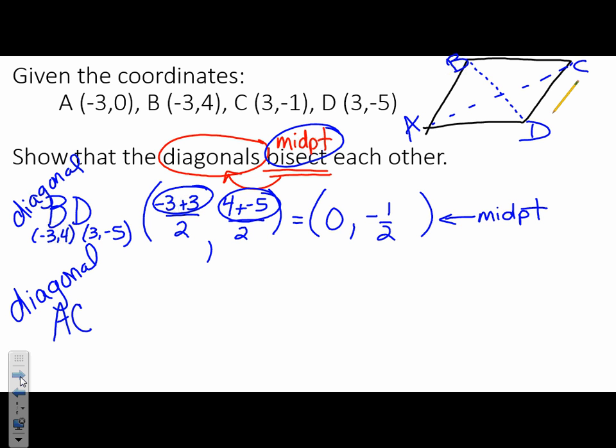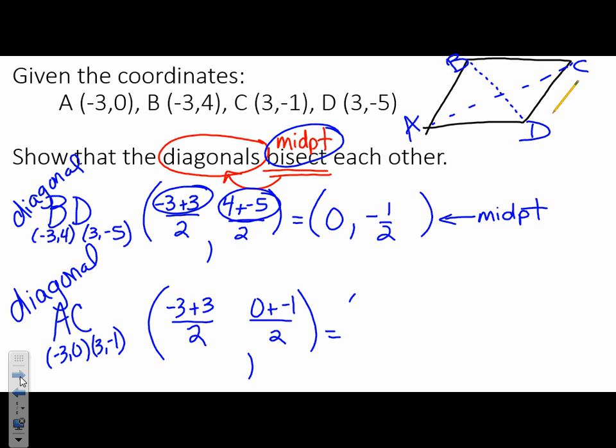Let's do the same thing for AC. Negative 3, 0, 3, negative 1, and we'll do the midpoint formula again. Add the x's, divide by 2, add the y's, divide by 2. And we'll simplify. 0 divided by 2 is still 0.